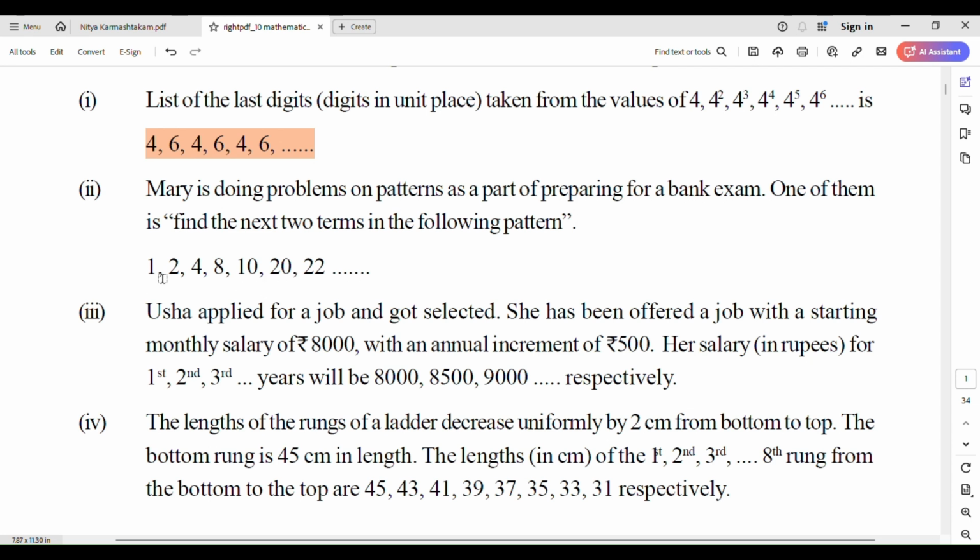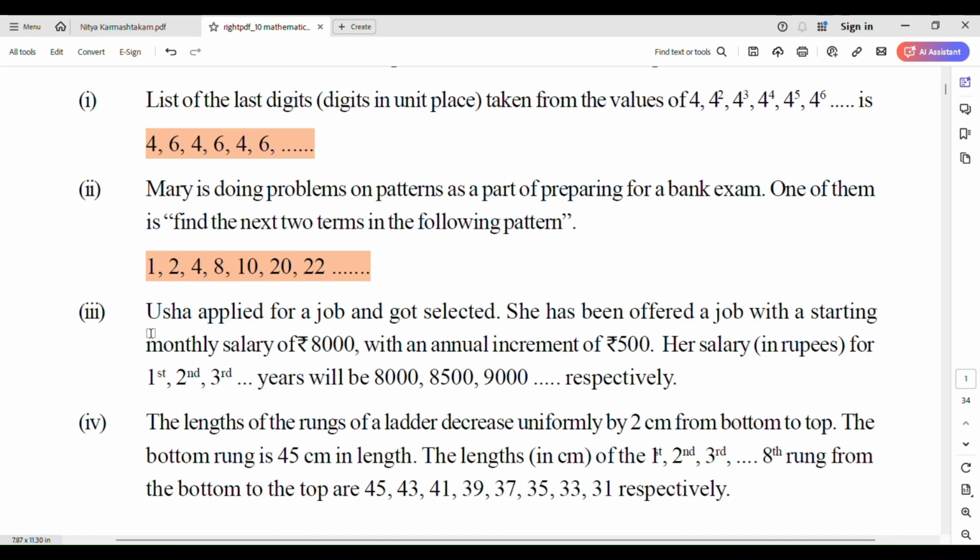Do you see any pattern in this? 1 2 4 8, it looks like doubling: 1 becomes 2, 2 becomes 4, 4 times 2 is 8, but here it is not. These are all even numbers and 6 is missing, then 12 and so on. So observe carefully if there is a pattern in this.